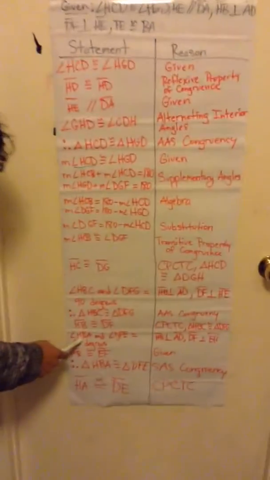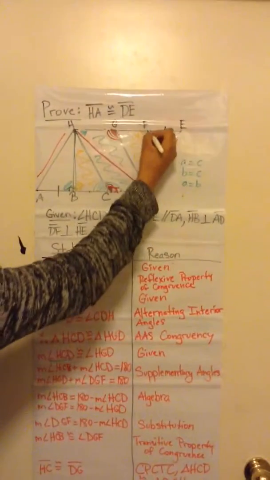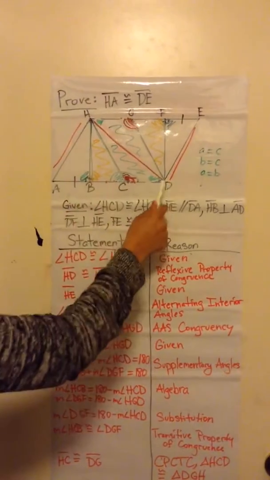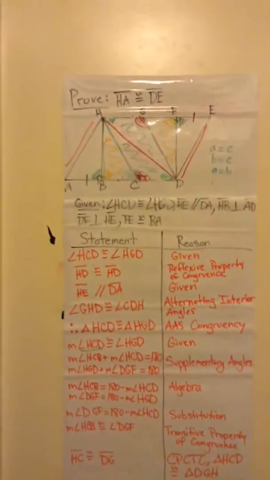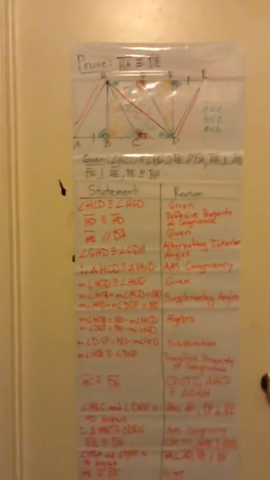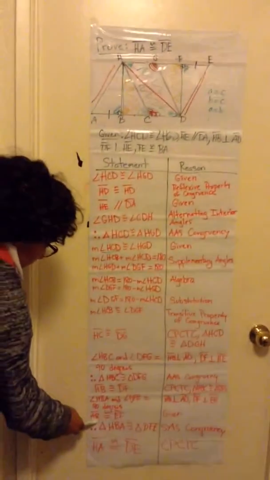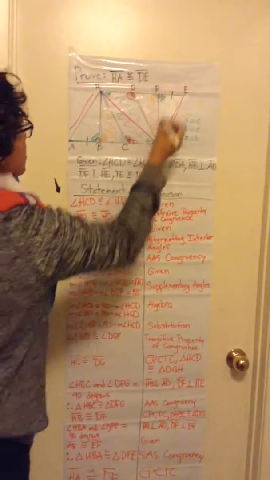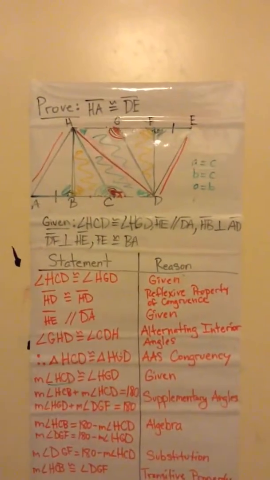So now angle HBA and DFE are equal to 90 degrees because we know that these lines are perpendicular, and perpendicular lines create 90-degree angles. And we also can state that line segment AB right here is congruent to EF because it was given information in the beginning.